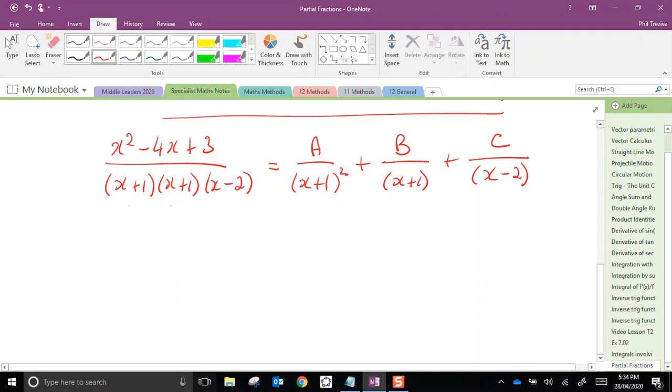So what we have to do in this case, if there's a repeated term in the denominator, we have to have it appear first at the power of 2 and the next time just as a linear term. Then you would go ahead and solve in the usual way, and that will give you your unique decomposition with unique values for a, b and c.